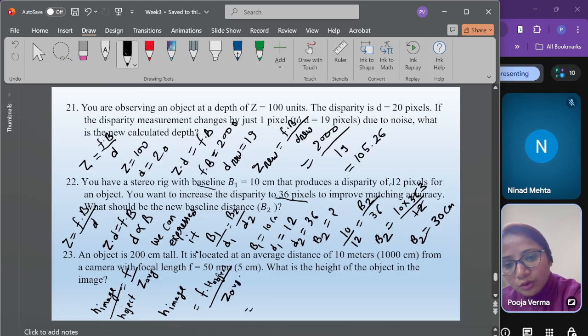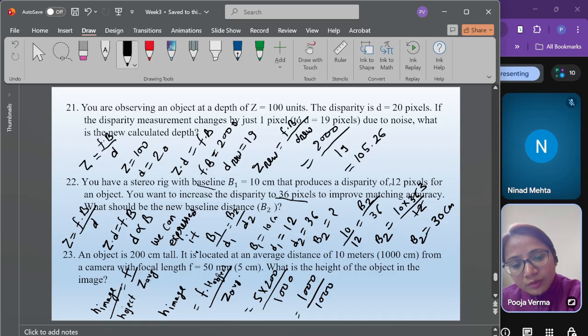So we put f as 50 millimeter, or 5 centimeter because we need to calculate in centimeter, multiplied by 200, since the object is 200 centimeter tall, divided by z average, given as 1000 centimeter. If you multiply the upper one, it is also 1000, so overall you will get 1 centimeter here.